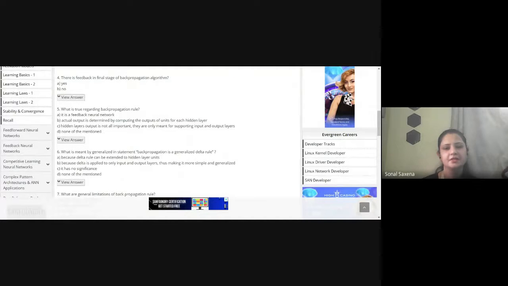Question 5 and 6: is there a feedback in the final stage of the backpropagation algorithm? Yes or no? Next, the sixth question is what is true regarding the backpropagation rule? And the sixth question says what is meant by generalized in the statement backpropagation is a generalized delta rule. So try to answer them quickly.